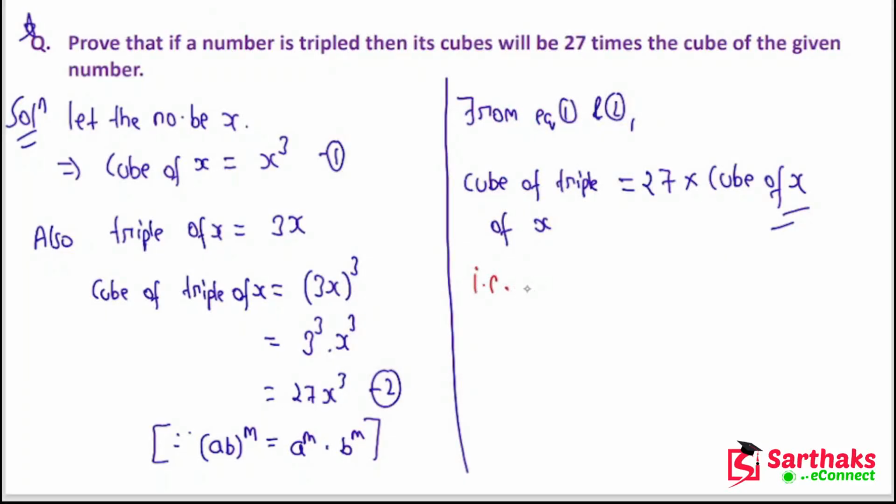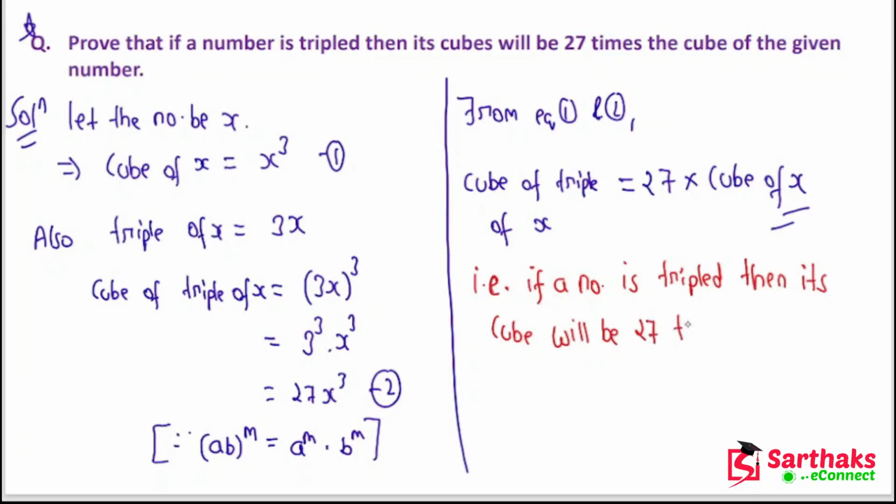If you just have to write it from the question: if a number is tripled, then its cube will be 27 times the cube of the given number, right?